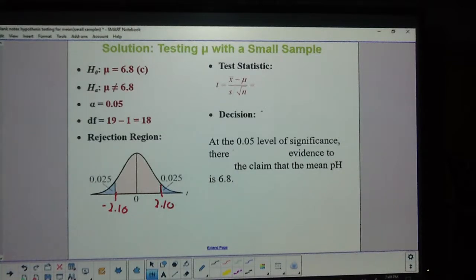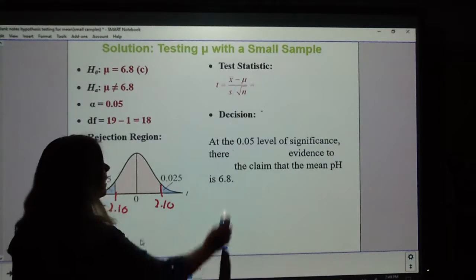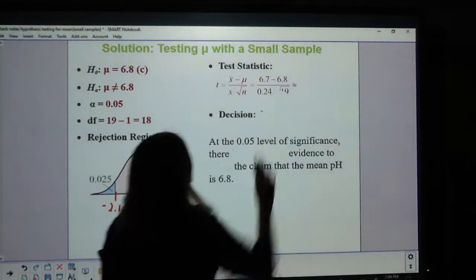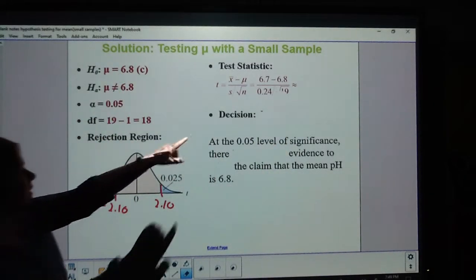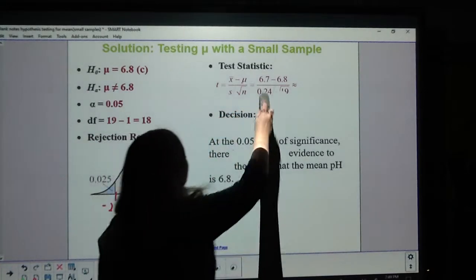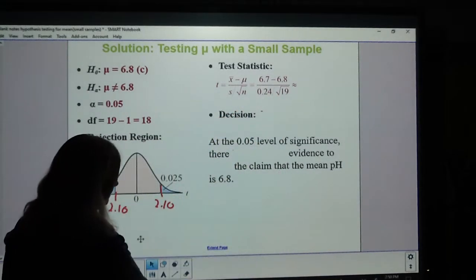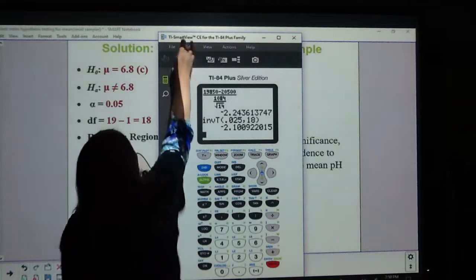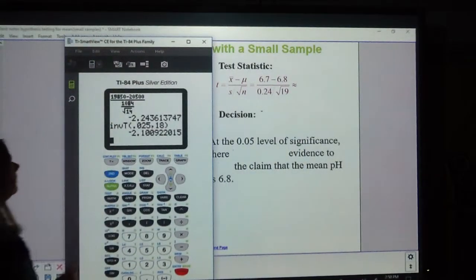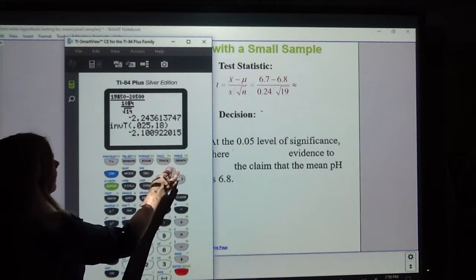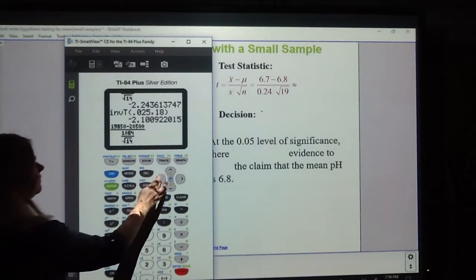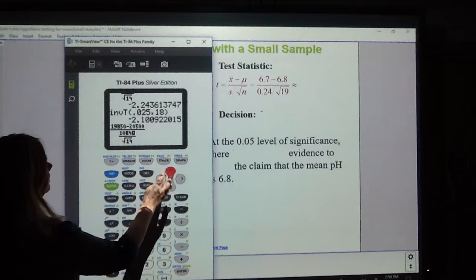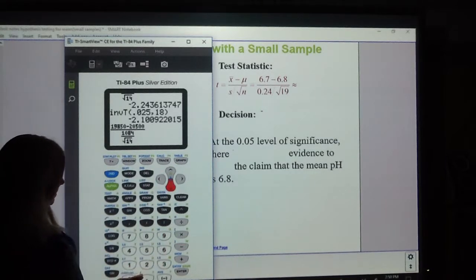So my test statistic, my x bar was 6.7. Minus mu, 6.8, divided by 0.24 divided by the square root of n, which is 19. So let me put that in my calculator. I already have a fraction here, so I might just edit these numbers. 19 is in the denominator here.